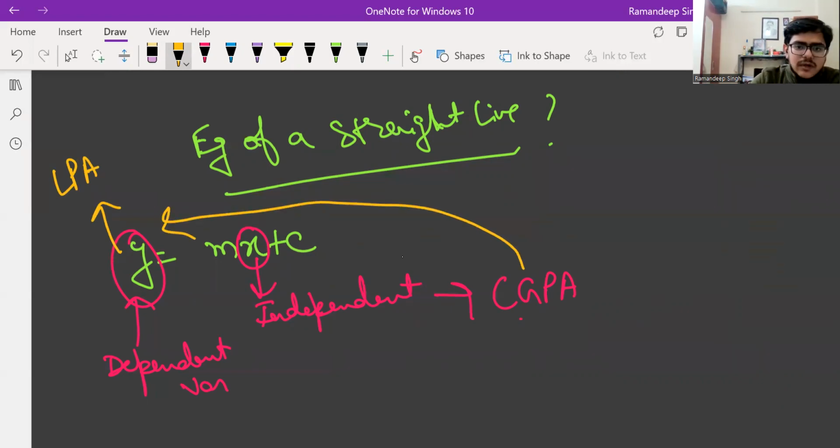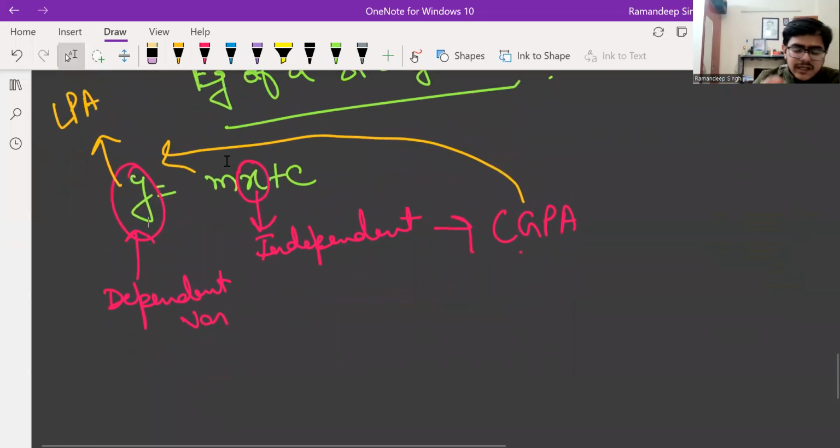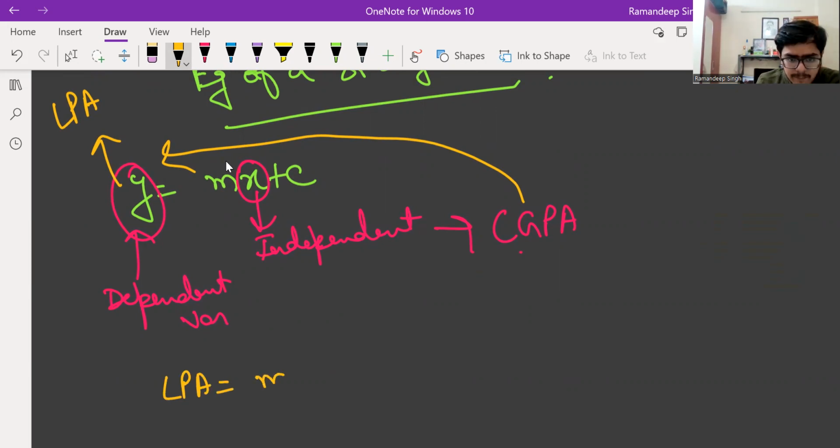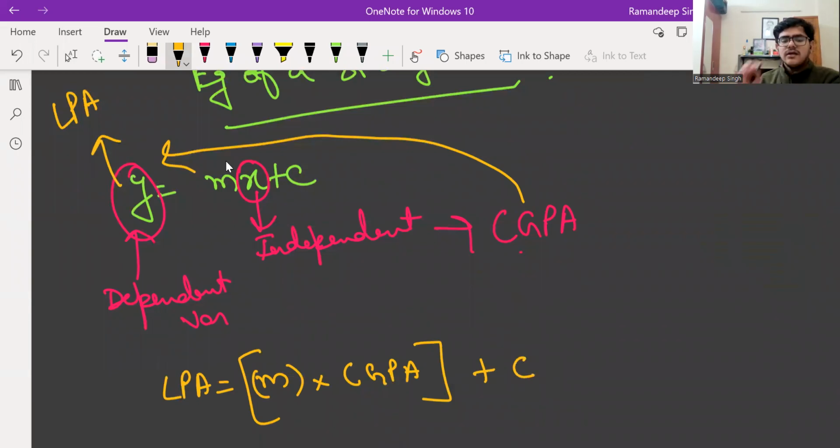I think this part is clear that LPA or the package is the dependent variable and CGPA is the independent variable. So we can rewrite this equation as LPA equals m into CGPA plus some c. I hope this part is clear.